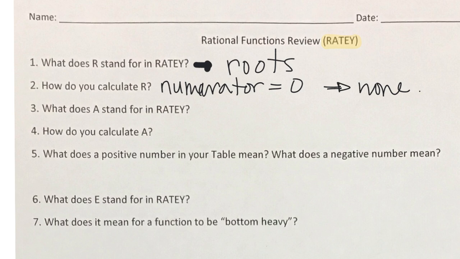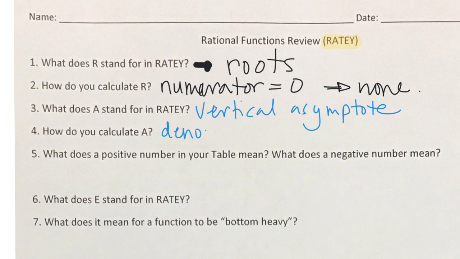Our next fellow, A, stands for vertical asymptotes. The A is the asymptote part. These are the restrictions from your domain, the things that will make your denominator equal to 0, so we have to keep those out of your equation. That's where we have the vertical asymptotes.